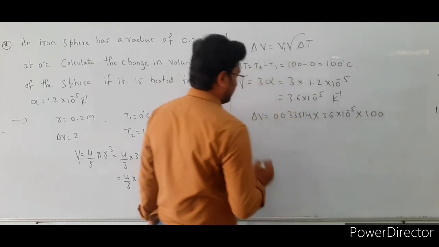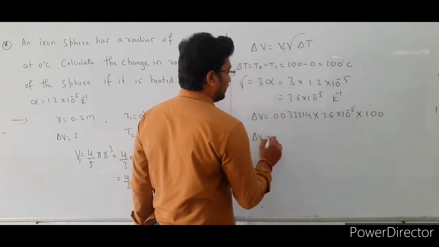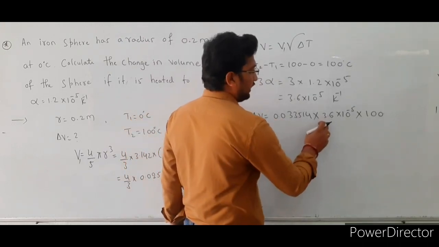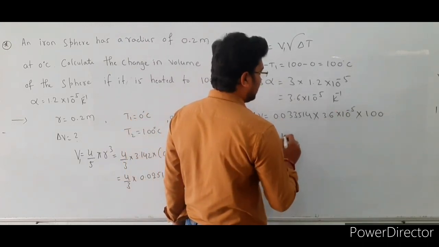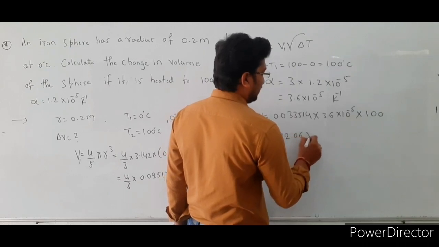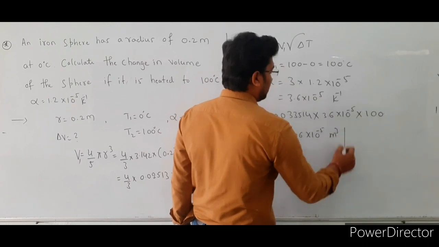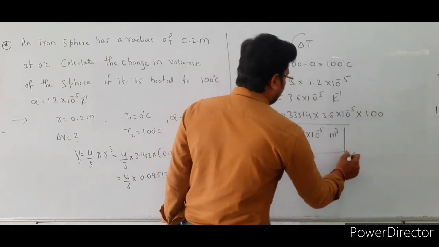So the change in volume is 0.033514 into 3.6 into 100, and its value is 12.06 into 10 to the power of minus 5 meter cube. So this is the change in volume value.